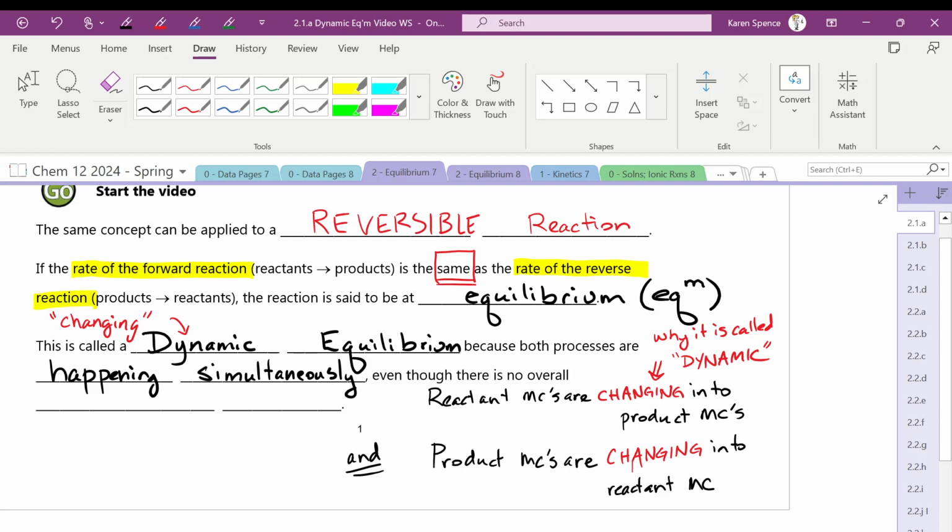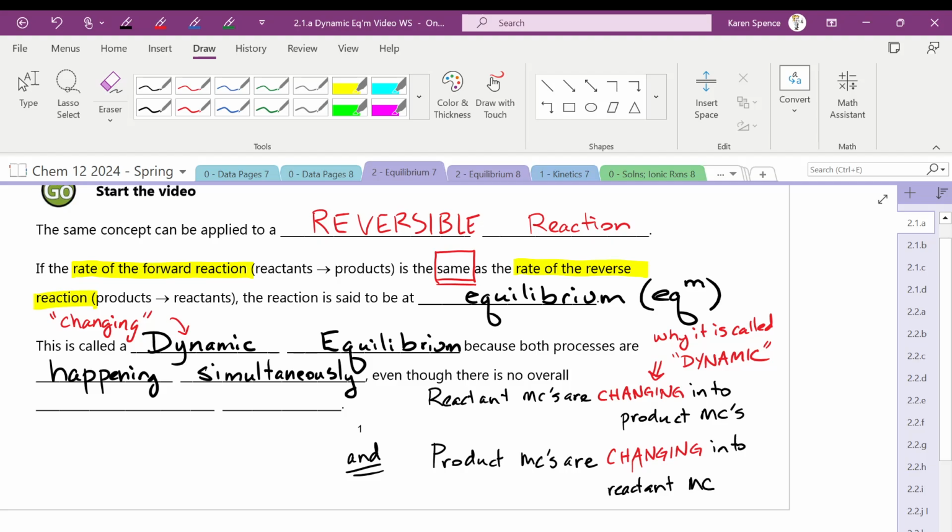So let's say our product was purple, yes? You will have the same concentration of purple throughout. As soon as that system is at equilibrium, you will not get a change in the amount of purple color because every time you make a purple molecule, you will also use up a purple molecule.